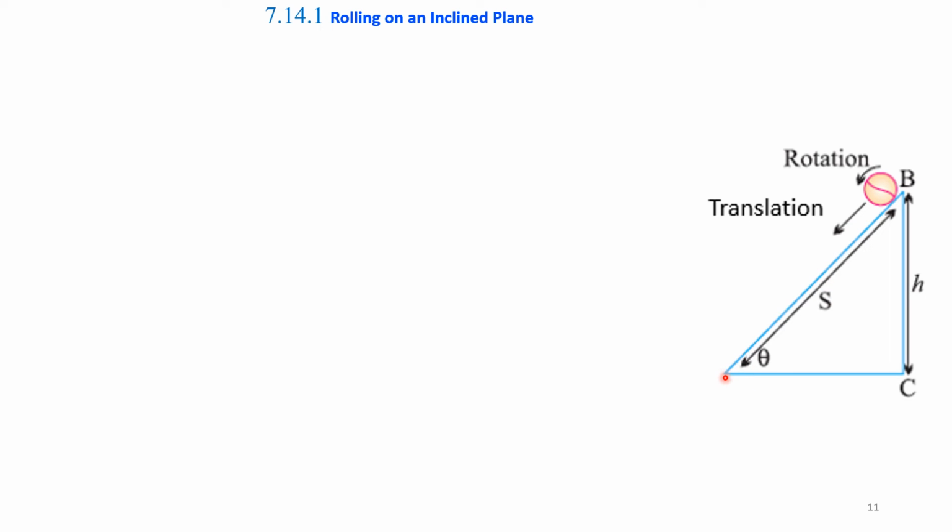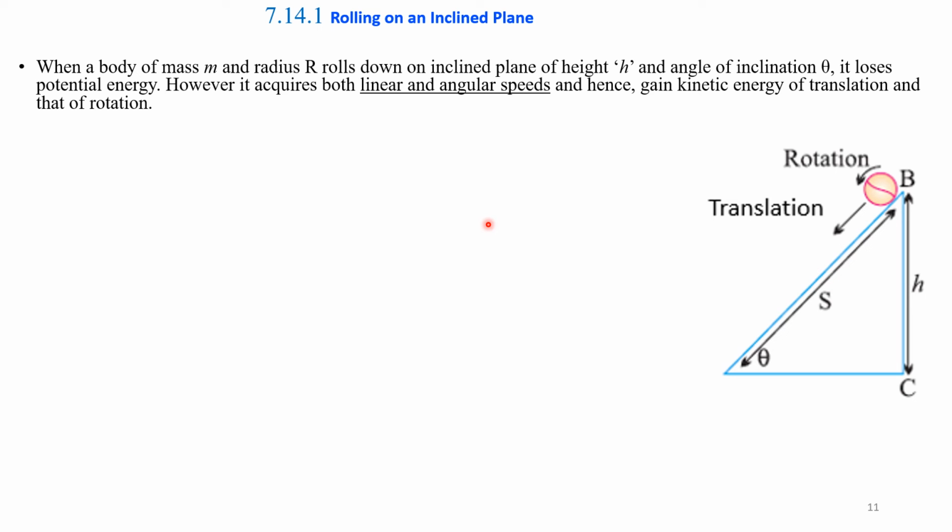Say this end is A. AB is an inclined plane whose length is S, and B is at a height of h from the point C as shown in the figure. The angle between AB and AC is theta. So the body undergoes both rotation as well as translation. So let us discuss in detail.